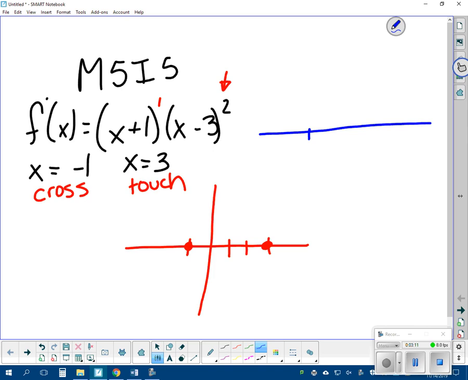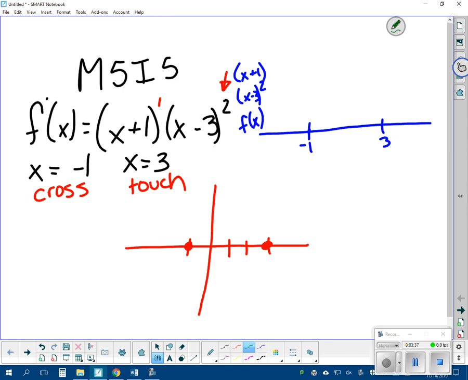I know my zeros are at -1 and 3. Then over here, I'm going to list the factors. My factors are x plus 1 and x minus 3 squared. And under that, I'm going to have my entire function, and instead of writing the whole function, I'm just going to write f of x.